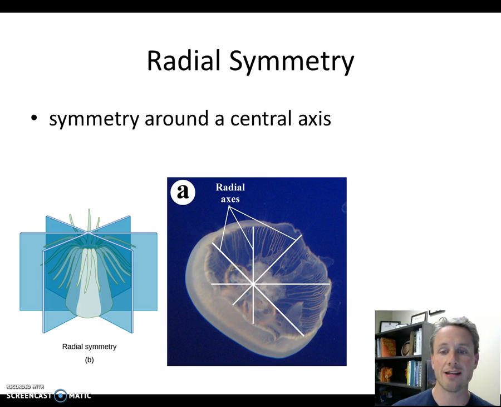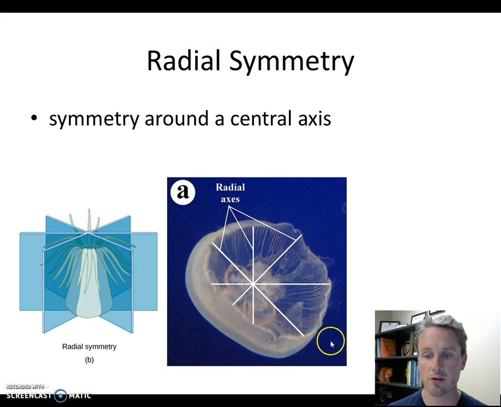So here's another example of radial symmetry. Here's a jellyfish. Jellyfish is also a kind of cnidarian animal. And so we've drawn lines through the jellyfish in several different axes. Each one of those lines divides the jellyfish into 2 halves that are mirror images of one another.